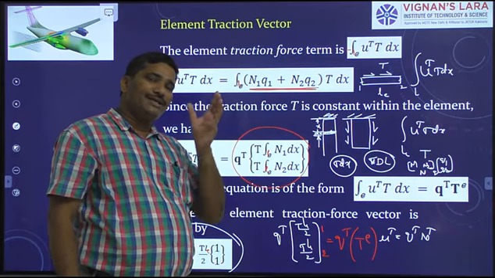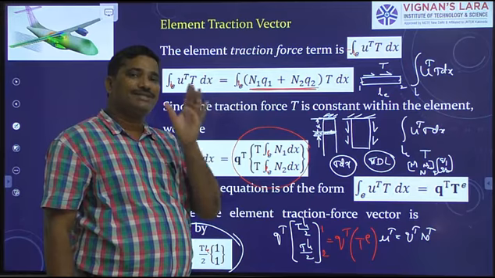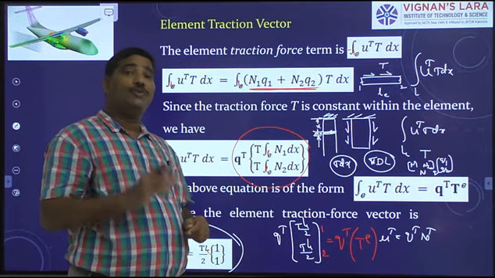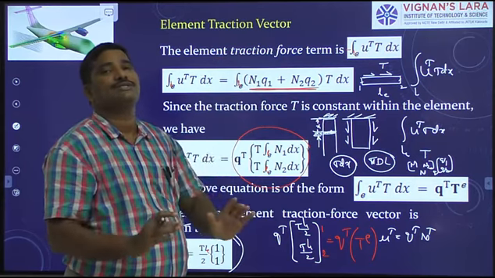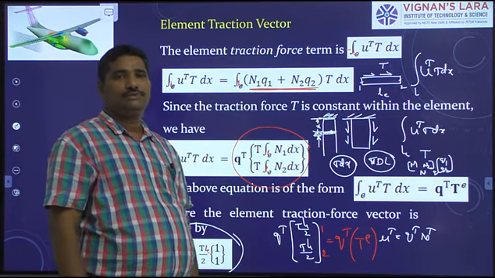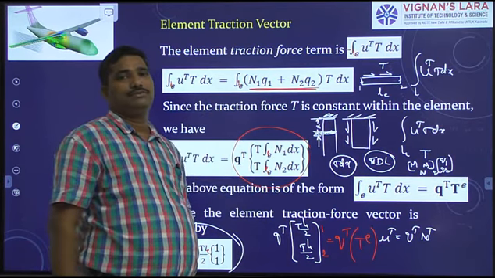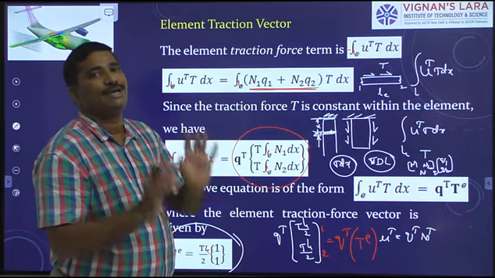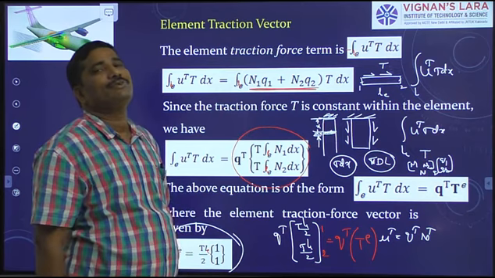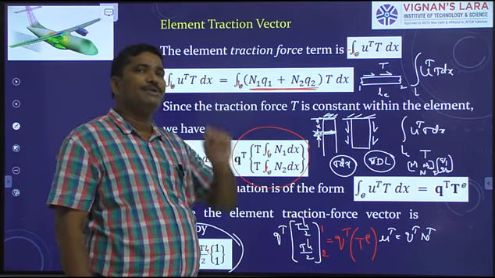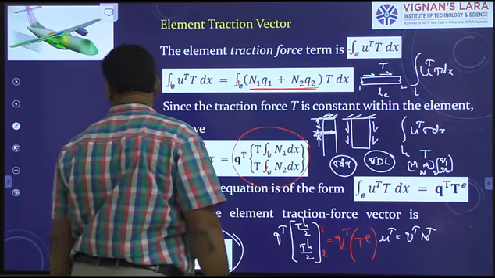If the domain is represented by a structure, the global stiffness matrix represents the stiffness matrix of the structure. So, how do you assemble all the element stiffness matrices after determining them for each element? That we see now.